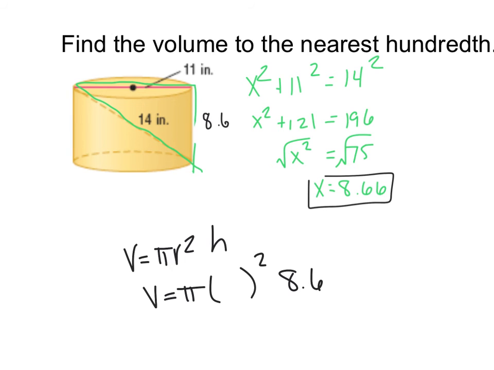If I look at my image, here's the issue. I'm not exactly sure what my radius is. So if I go to my picture, my diameter is 11. So to find my radius, I just do 11 divided by 2, which is 5.5. So I'm really just doing 5.5 squared times 8.66.